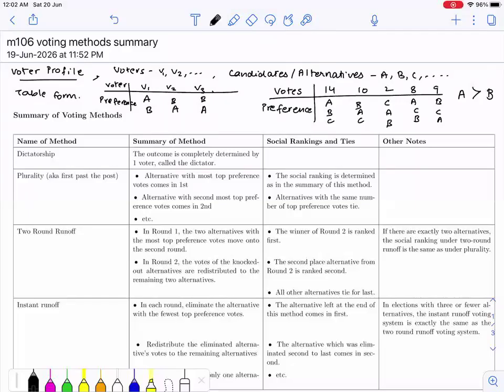Sometimes individually we use a little subscript to denote the voter.